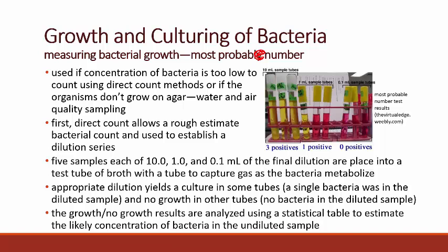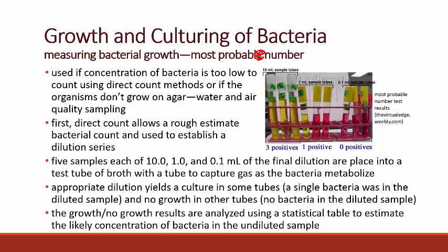So first, you would do a direct count to get a rough estimate of the bacterial count, and you would use that number to help establish an appropriate dilution series, just like we saw with that first technique. And then you would take 5 samples each of a 10 to 1 dilution, a 1 to 1 dilution, and a 0.1 to 1 dilution.